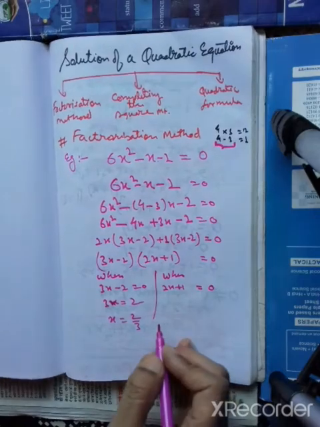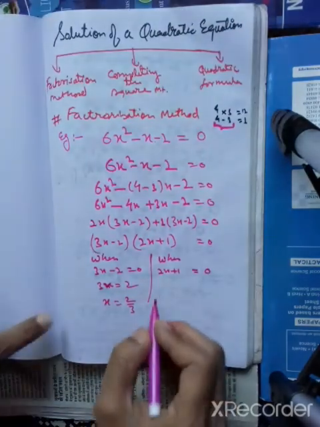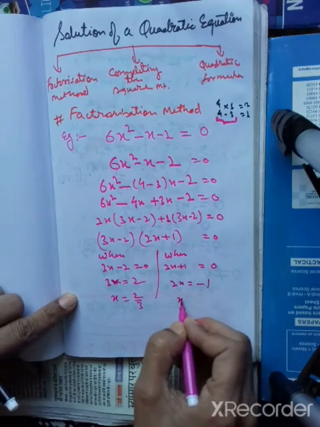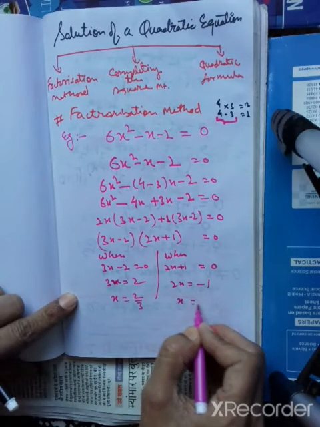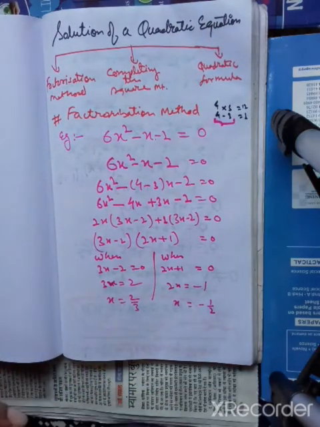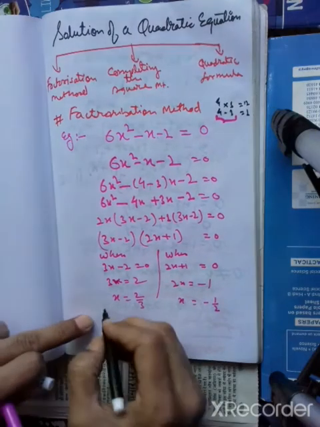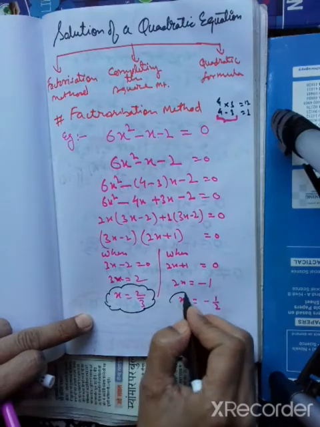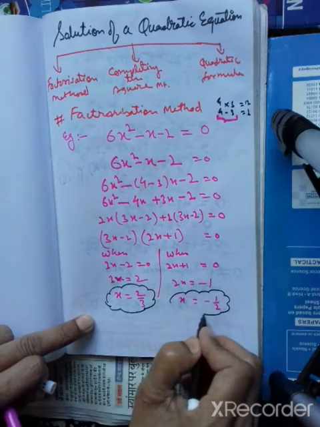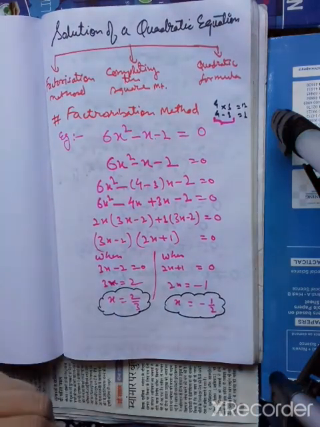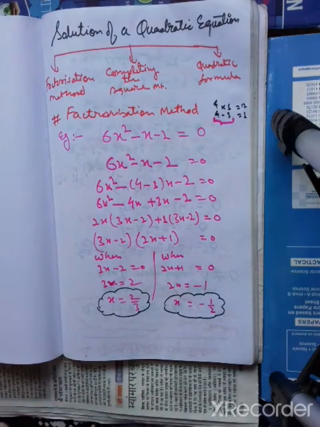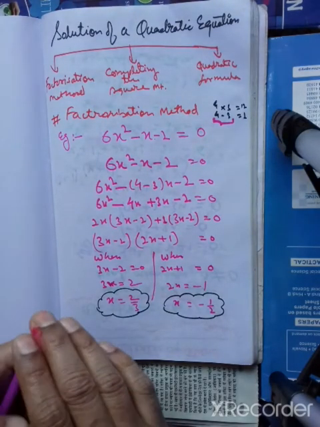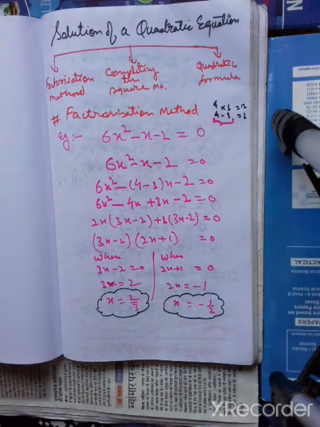And when 2x plus 1 equals to 0, it means 2x equals to minus 1, so x equals to minus 1 by 2. So we can say that 2 by 3 and minus 1 by 2 are the roots of the given quadratic equation. Okay.